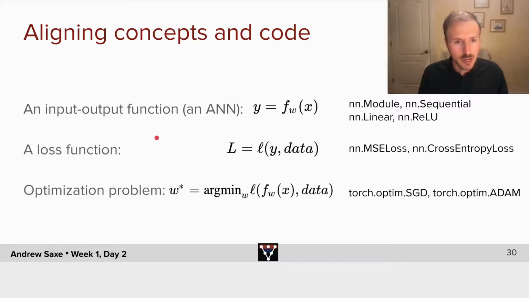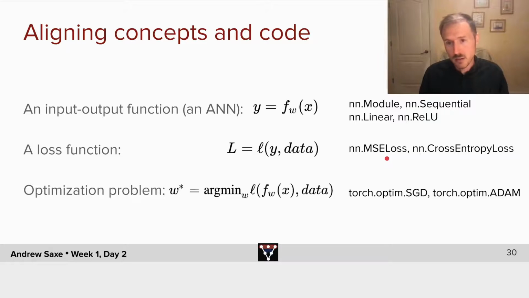Once you've built the input-output function from those components, and there are many others, then it's time for your loss function. And again, you could write your own, but there are several standard loss functions that are sort of considered best practice for different types of data. And you'll hear a lot more in the course about exactly which loss functions are appropriate for what scenarios. But here are just two. One is the mean squared error.